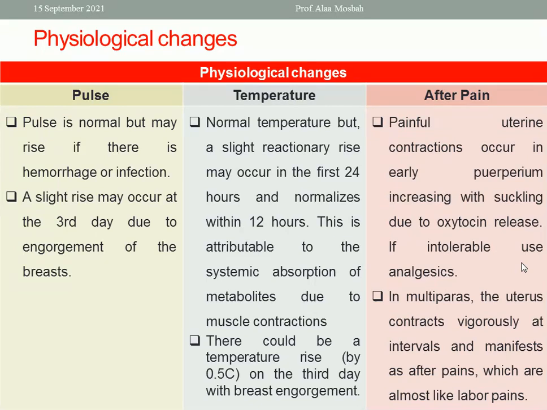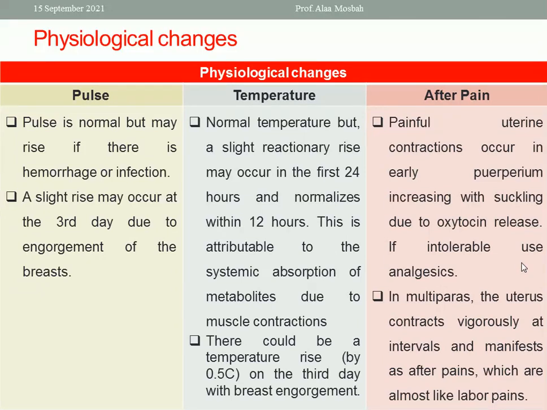Usually there is normal temperature, but sometimes there is slight reactionary rise of temperature occurring in the first 24 hours and dropping to normal within 12 hours. This is due to systemic absorption of metabolites due to muscle contractions. Also, there could be temperature rise by ½ degree centigrade on the 3rd day with breast engorgement.